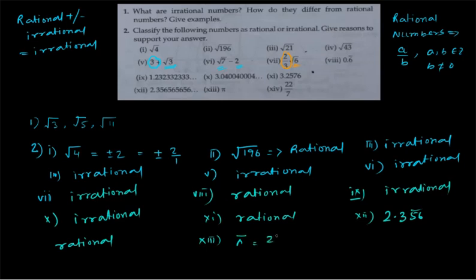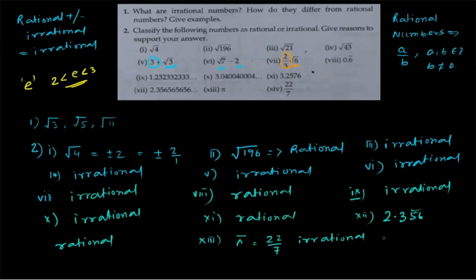Okay, pi is an irrational number. One other such number will be e. E we will be learning whenever we will be doing the logarithm. So e is a number which lies between 2 to 3. It's also a irrational number.